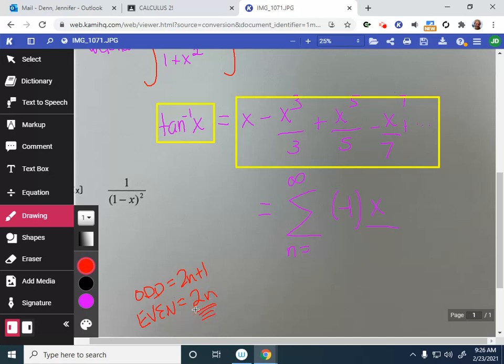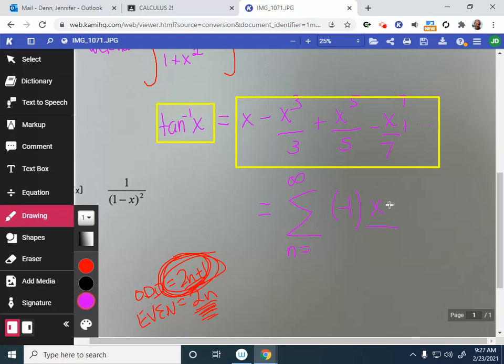So this expression would give me all the even numbers in a row. And this expression, if I start with 0, I would get 1. Plug in 1, I get 3. Plug in 2, I get 5. Plug in 3, I get 7. So I get all the odd numbers using this expression.